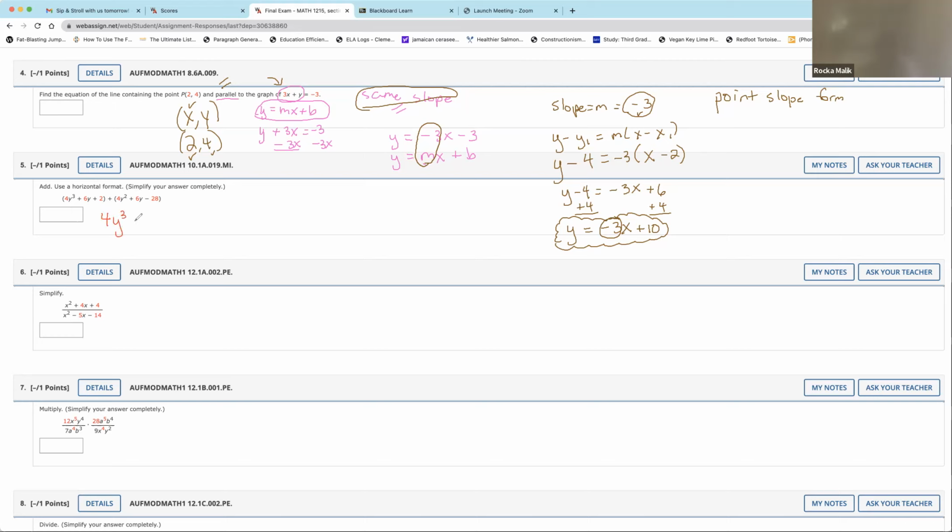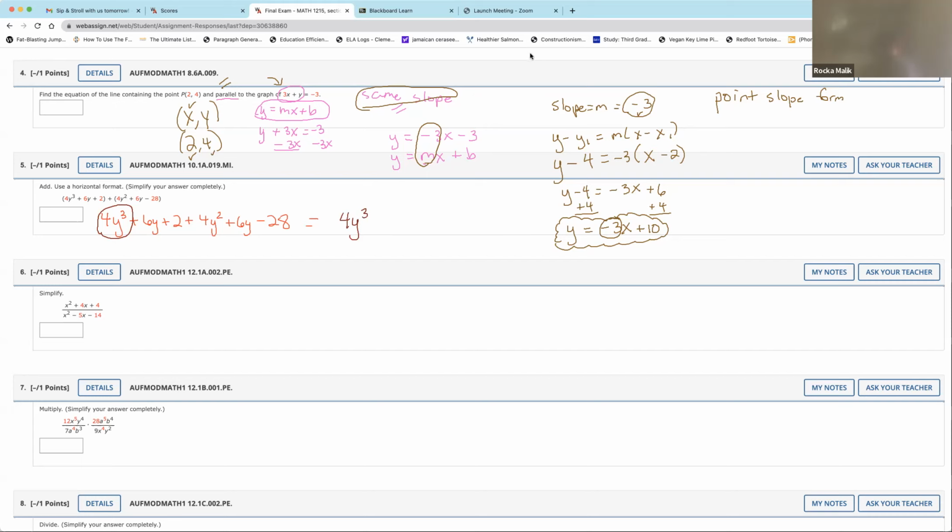4y cubed plus 6y plus 2 plus 4y squared plus 6y minus 28. Let's see what we get. I don't have another cube, so we have that one, 4y cubed.